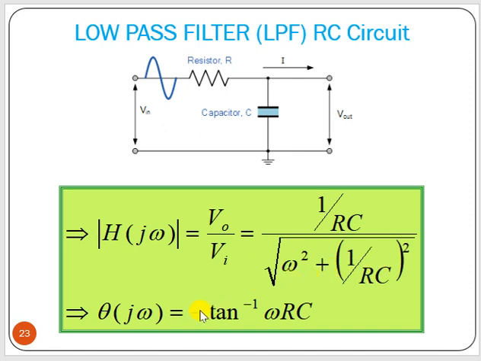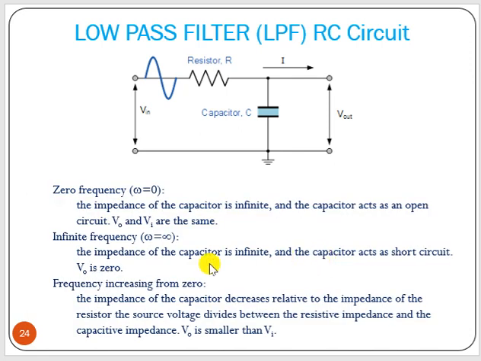And similarly, minus tan inverse omega RC, that is the phase angle. Now, in that case, at zero frequency, the reactance of the capacitor is infinite. The capacitor acts as an open circuit. So no current will flow through the resistance, so V in equals V out.